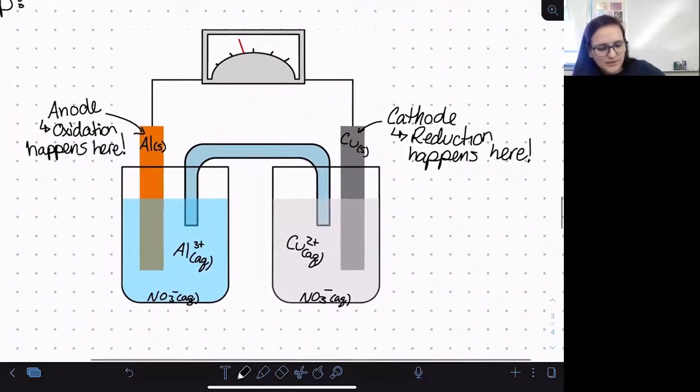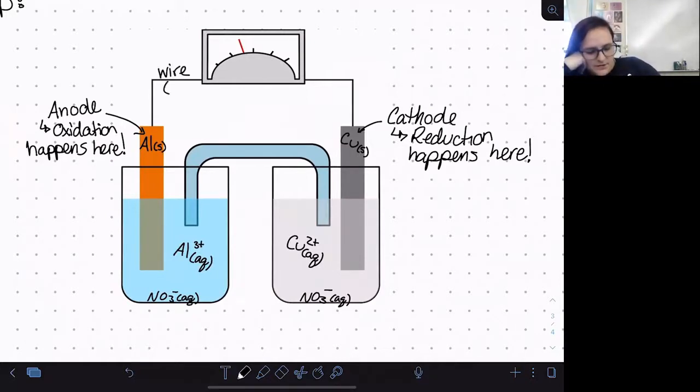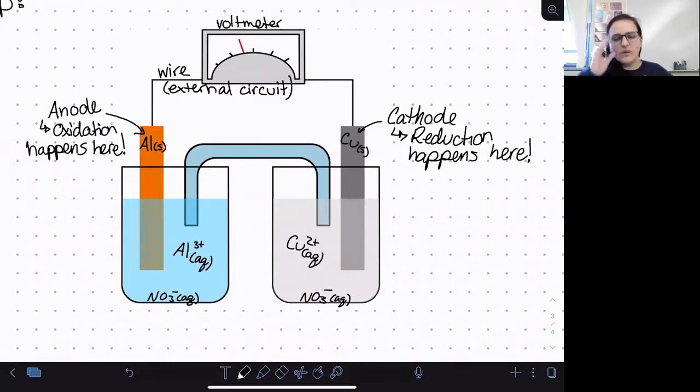So we have these 2 separate containers. You'll notice that we do have a few other things in this diagram as well. We mentioned our wire, sometimes also referred to as the external circuit. Same thing. This is intended to just be like a voltmeter or something, not a super important part of the diagram, but that would measure the voltage that's being produced by the reaction.